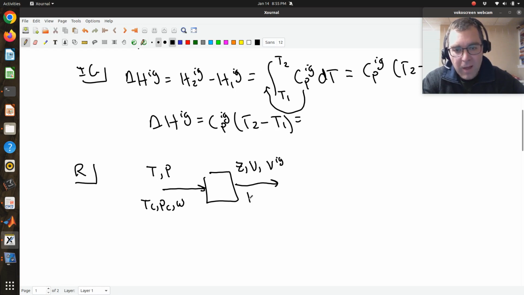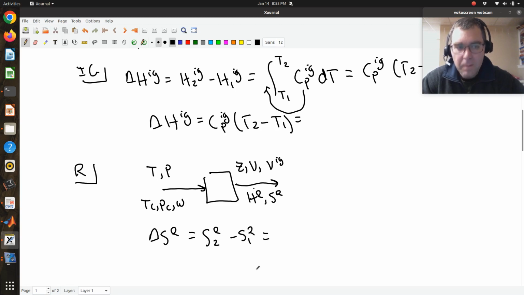But I'm going to add HR and SR, my residual enthalpy and my residual entropy. We'll use the enthalpy here in part A, and we'll use the entropy in part B. For completeness, my change in residual contribution is going to be S2R minus S1R.